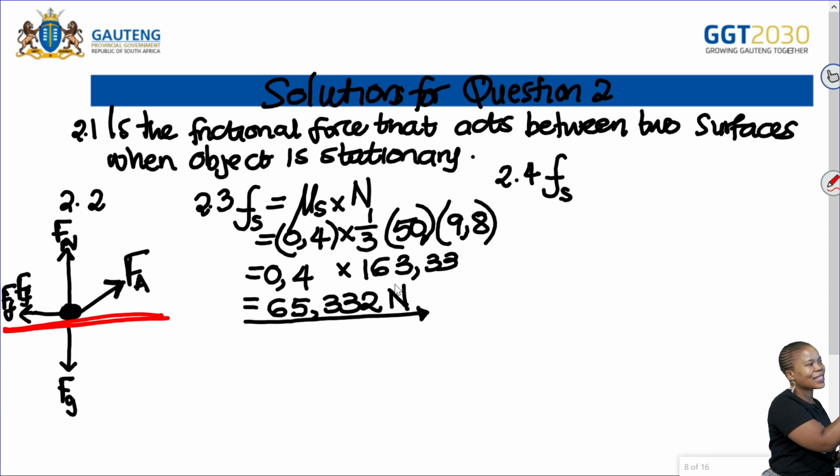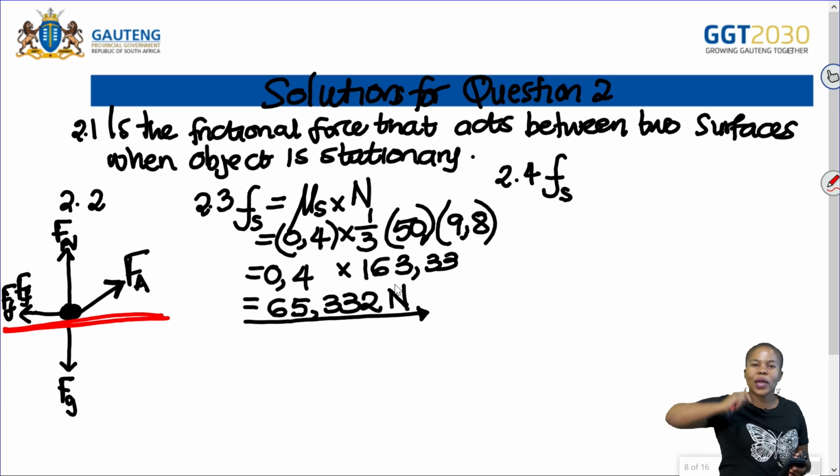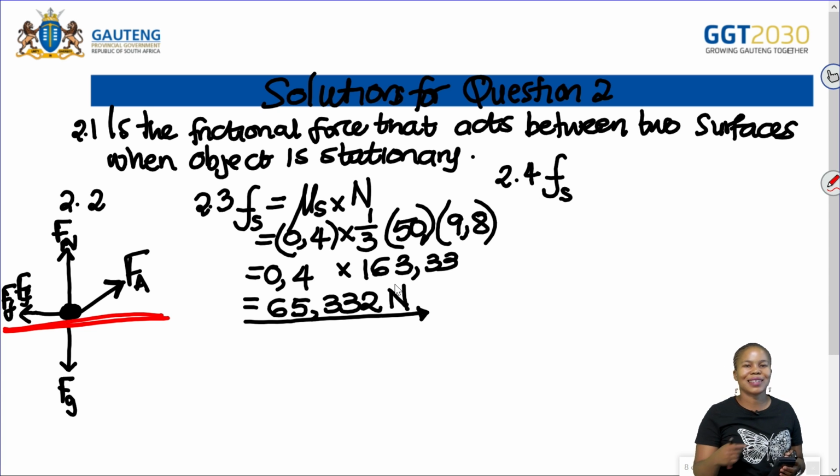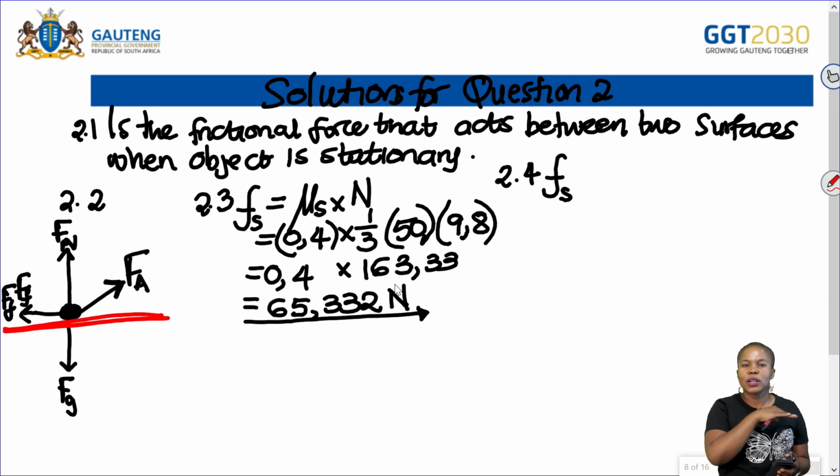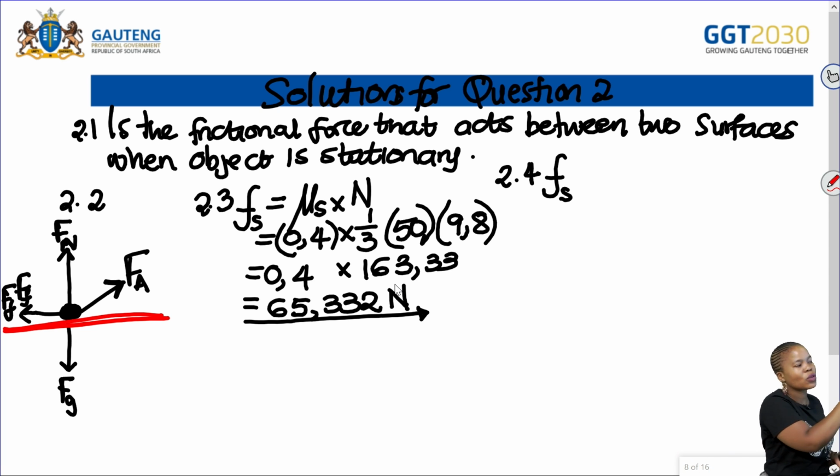Because this one is acting at an angle, I'm not interested in the object going up or down, but I'm more interested in it moving horizontally. So between the two components, your vertical component as well as your horizontal component, which one will be responsible for your horizontal movement? The answer is your horizontal component.